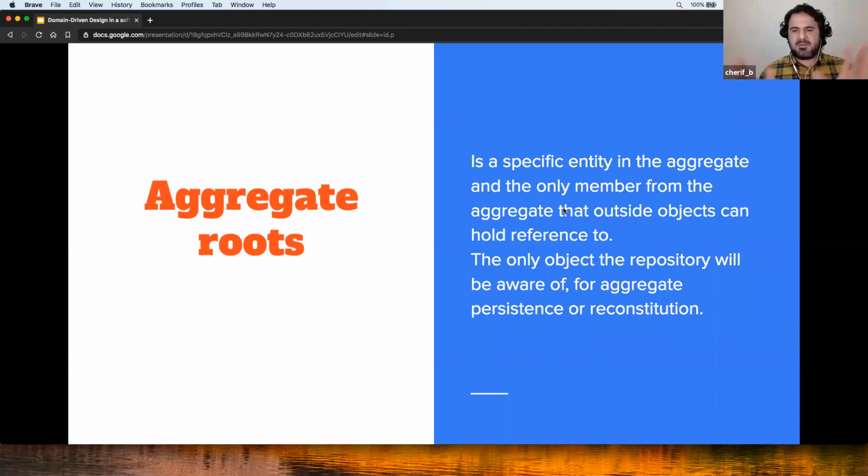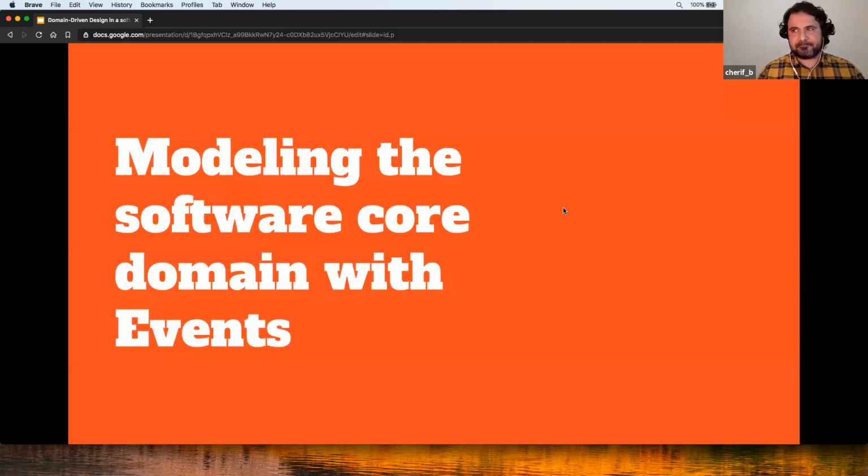In our aggregate, we have several objects, and the aggregate root is the first object, and it's the only object that can be persisted or read from the database.